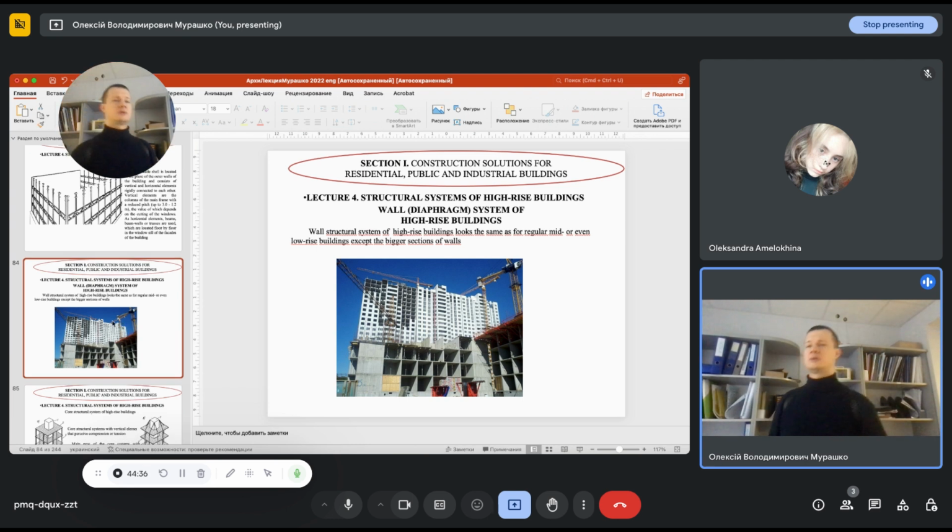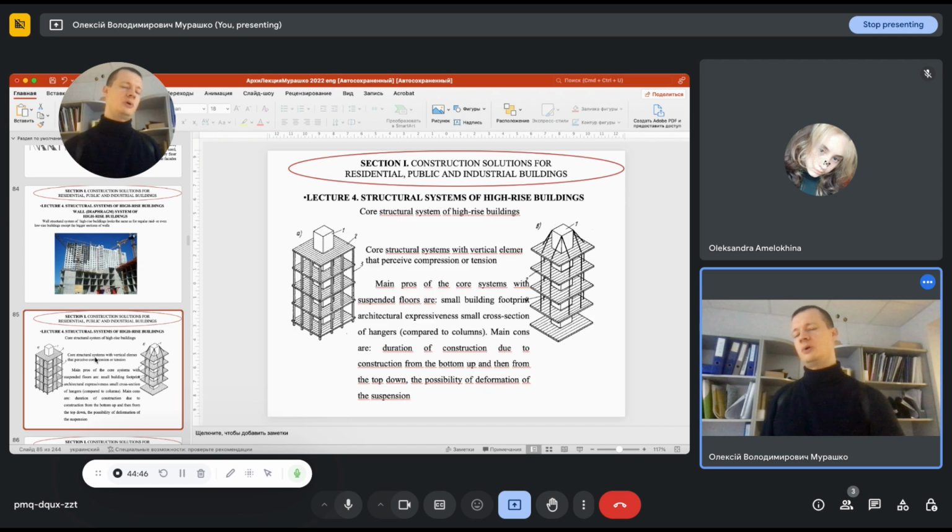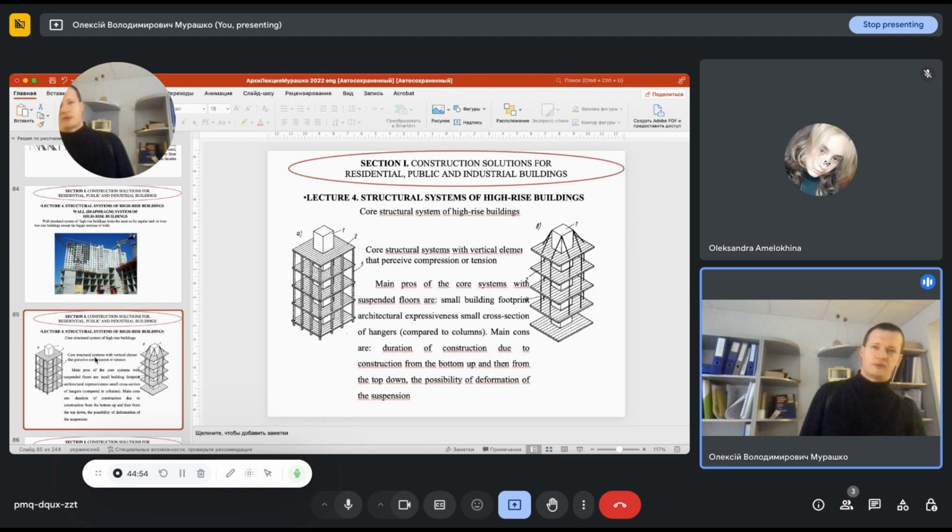But as we talked about previously, a high-rise building can also have a wall diaphragm system, and here is the system which the Odessa construction company Budova used for their building. It is also really steep for a multi-story building and with a good reserve of construction stability.